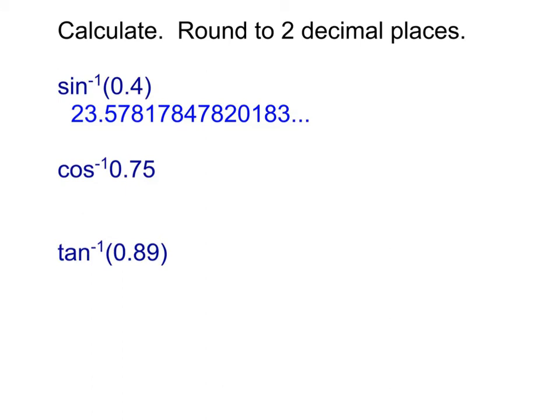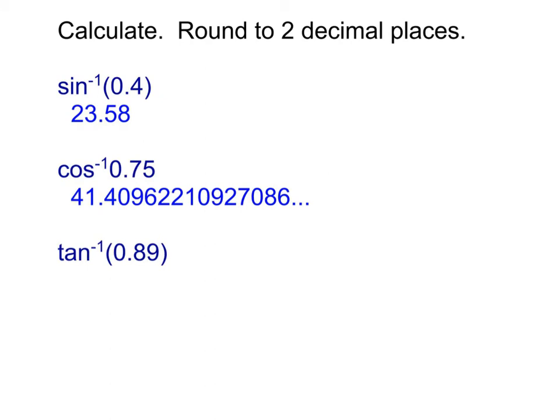And of course, we are going to round this. Notice in these problems, how many decimals are we rounding to on this one? 2. And so then that means I'm cutting off after the 7. Notice that the next digit's an 8. So that tells me to go ahead and round that up. So you should get 23.58 when you're done.